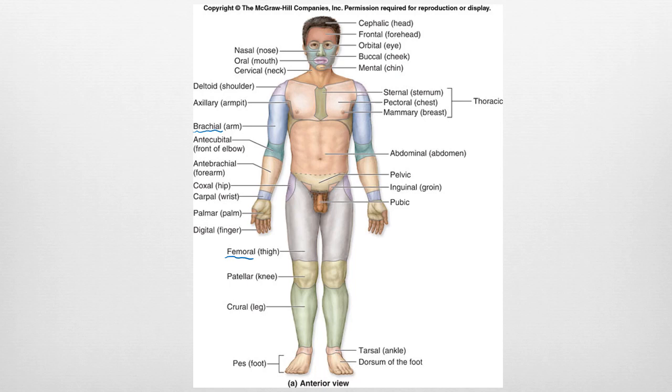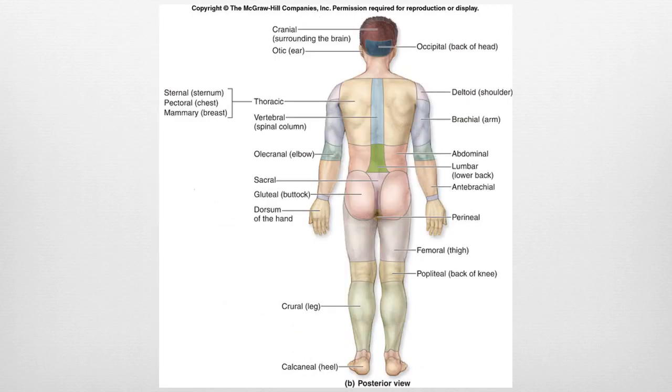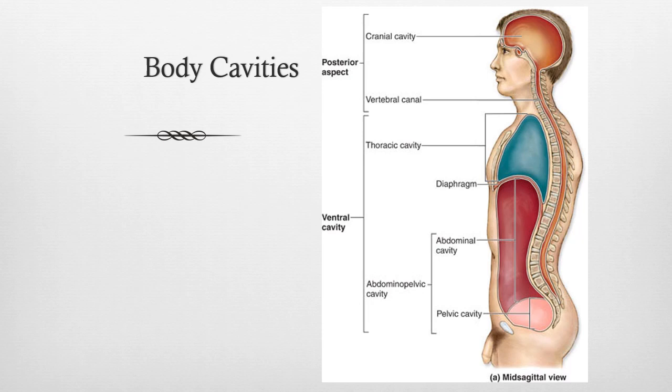And so that's going to give us a differentiation for where within the body each one of those areas can be found. And they apply both on the anterior and the posterior side of the body. And so that's a quick way to see a term and have a good idea for where exactly in the body you should be looking for it.